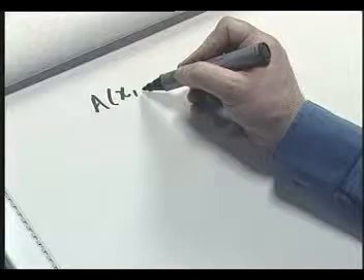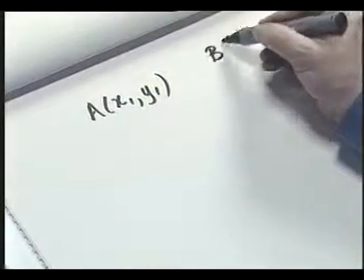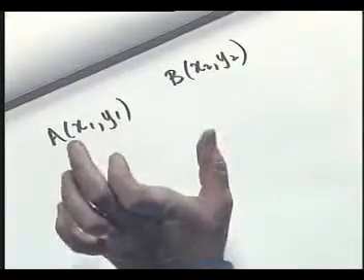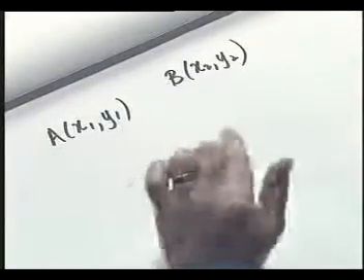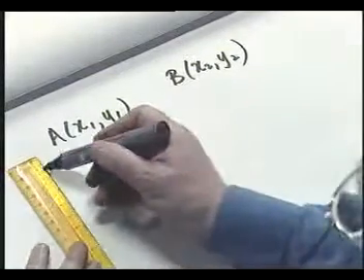Now I want to do that same argument when we're given 2 arbitrary points instead of 2 specific points. So suppose we have the point A, with coordinates x1 and y1, and B with coordinates x2, y2. Let's see if we can figure out what the equation of the line is joining these 2 points. I think in this case a graph's going to help us.